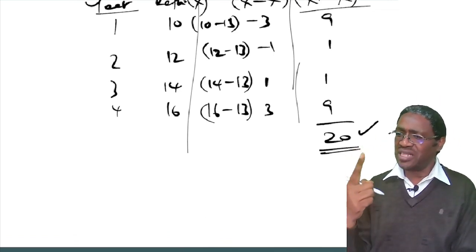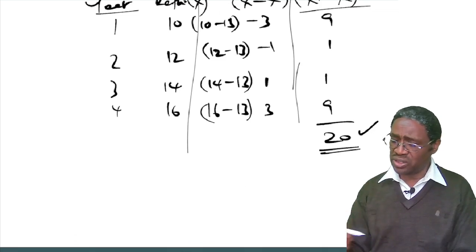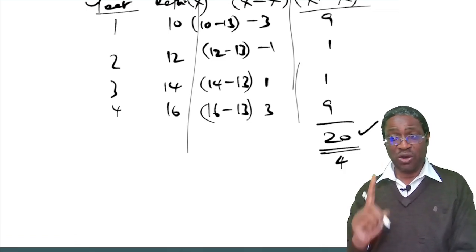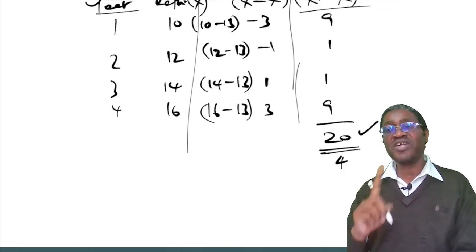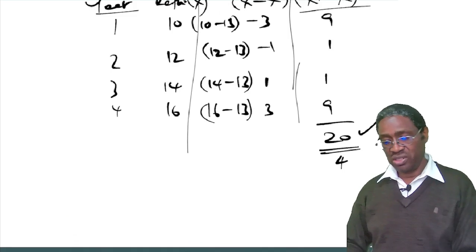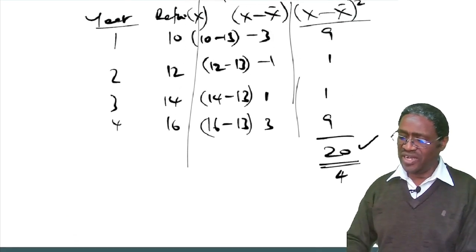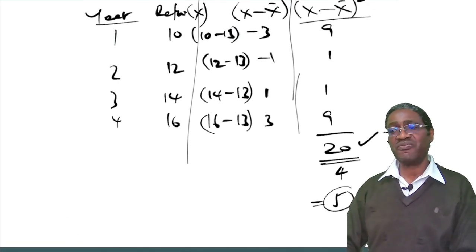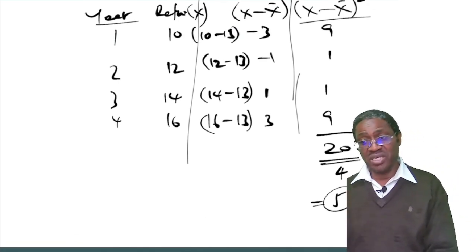If I divide that by 4, which is 4 years, I am getting the mean, or the average, of the squared deviation. If I take that, it will come to 5. So our variance will be 5.